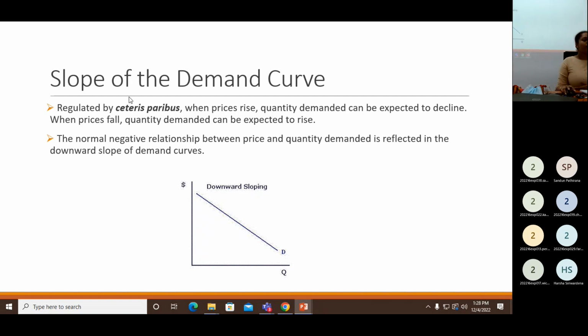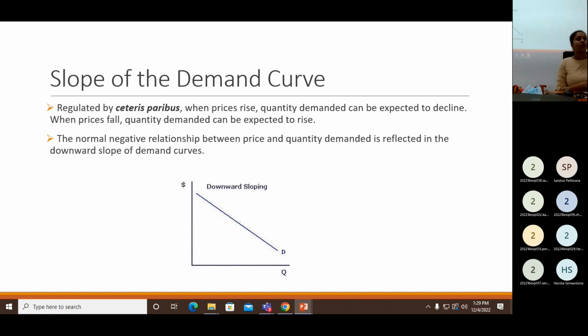Okay. So that is regulated by this concept called ceteris paribus. Have you heard of this word before? This is the theory which underlies that. What it says is when price rises, quantity demanded can be expected to decline, right? And vice versa. When the price falls, the quantity demanded will increase. That's a natural behavior, right?